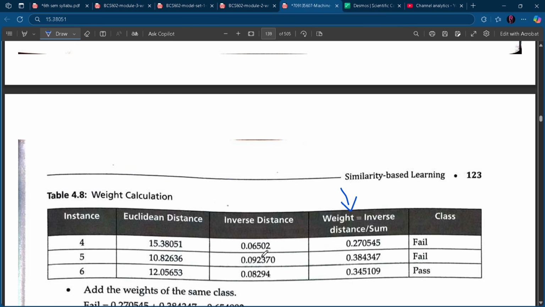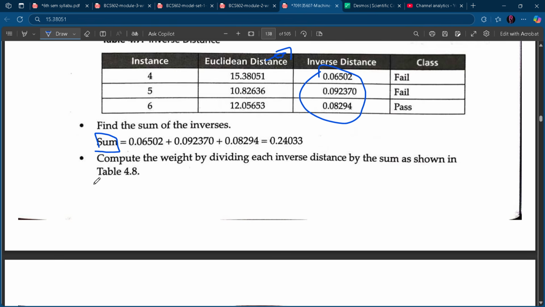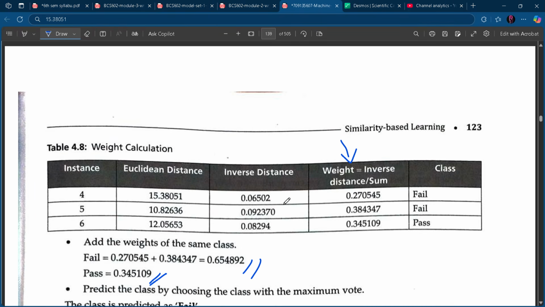So 0.06502 divided by 0.24033. So each value you have to divide. So that will give you the weight of instance 4. So we already have 0.06502, right?